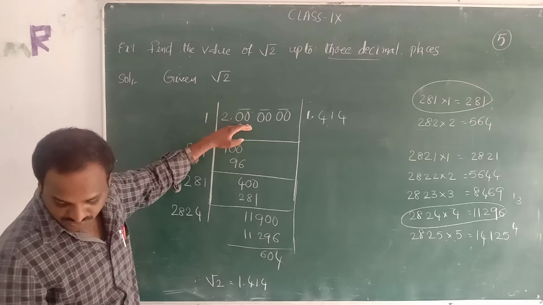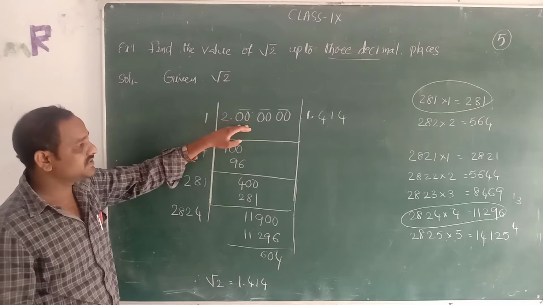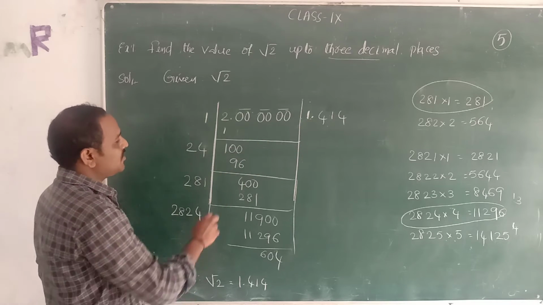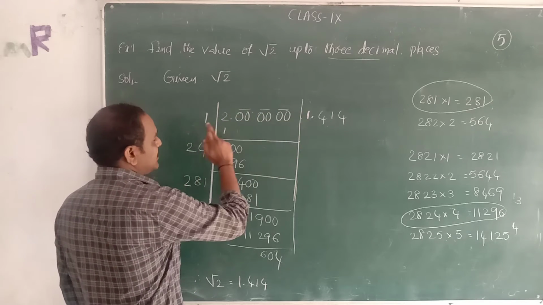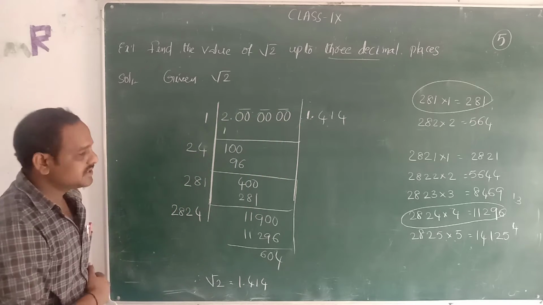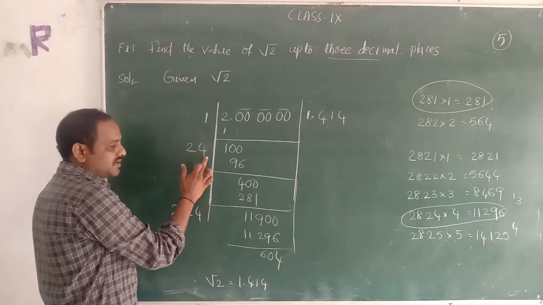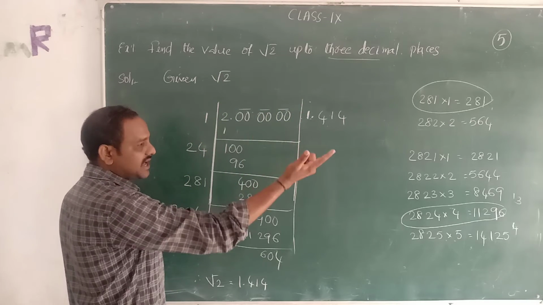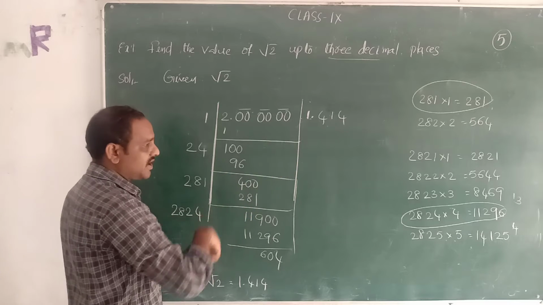We took 2 zeros, a pair of zeros after the point. Now we add 1 plus 1, the divisor and quotient, and we get 2.